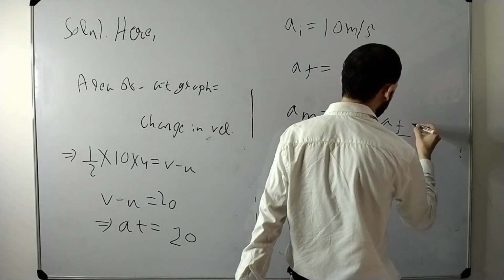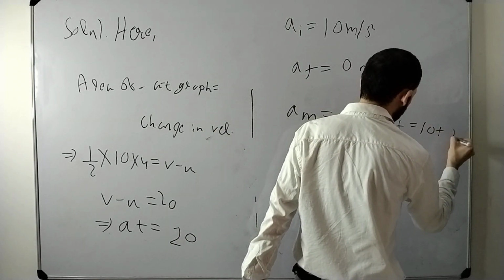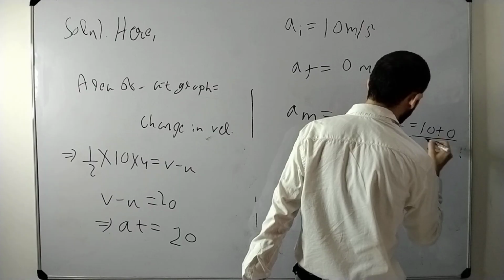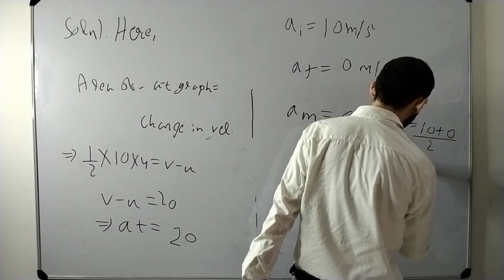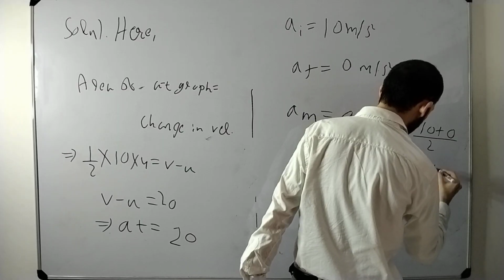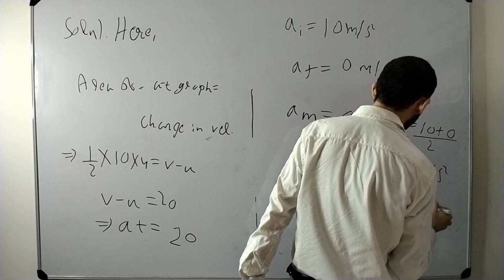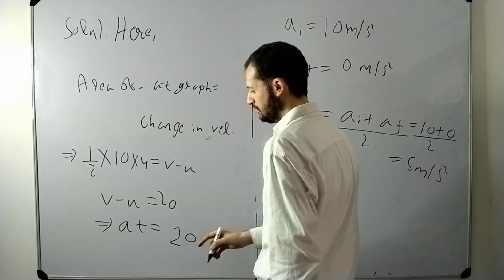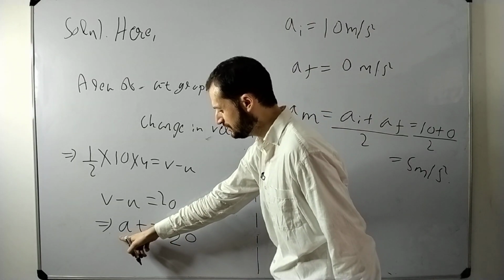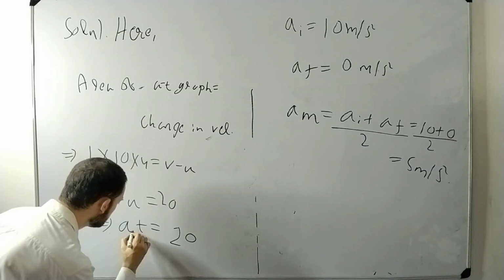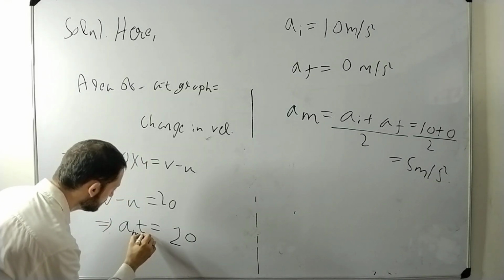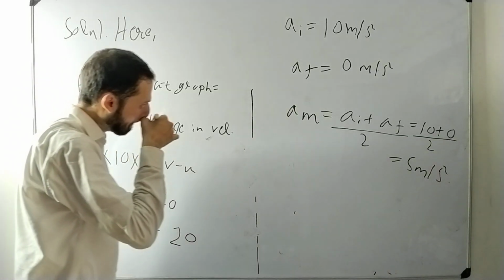So this gives 10 plus 0 upon 2, and this gives, yes, 5 meter per second square. So you see here the acceleration is the mean acceleration. So can I write, students, A mean times time?